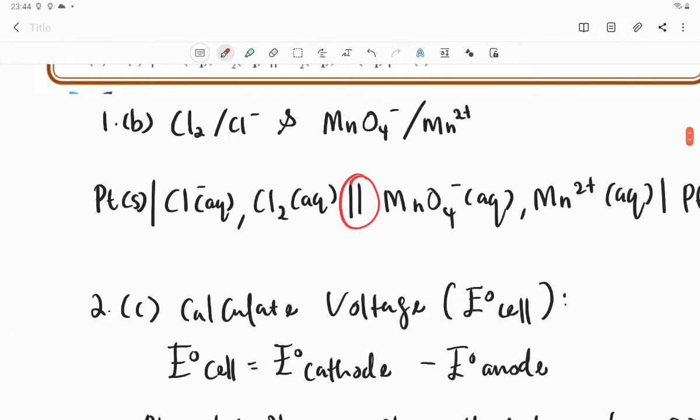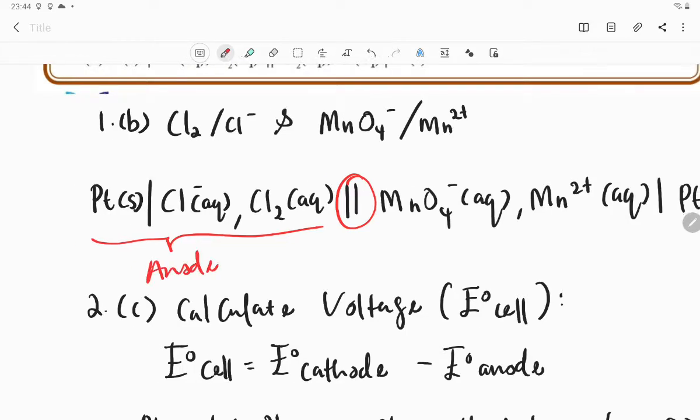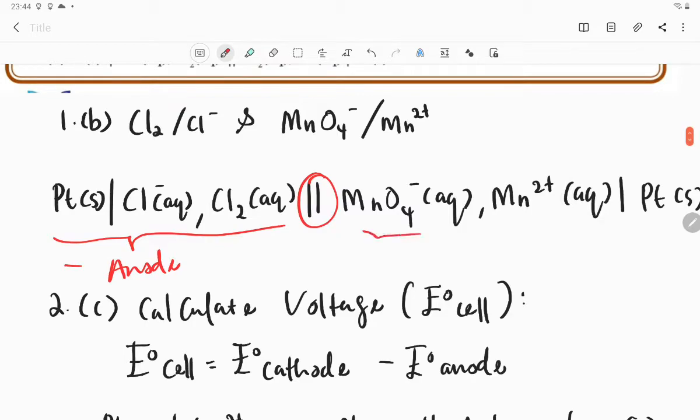Okay, porous pot or salt bridge. So this side is anode, right? Anode, negative terminal, and this side is positive terminal, cathode.